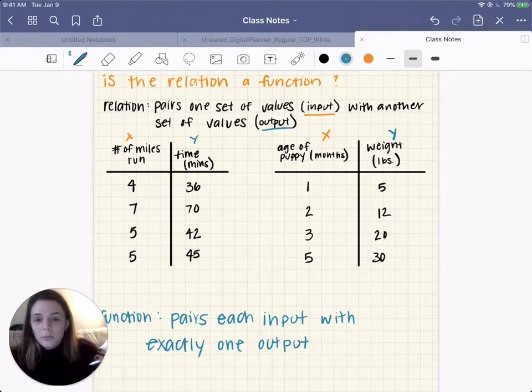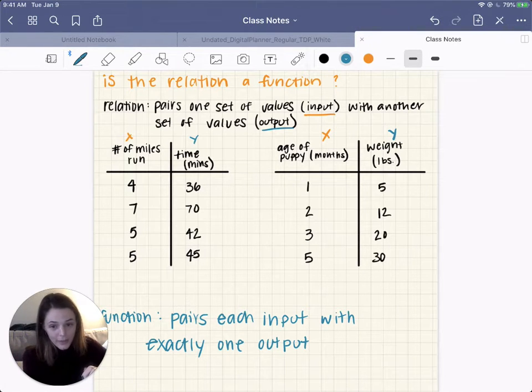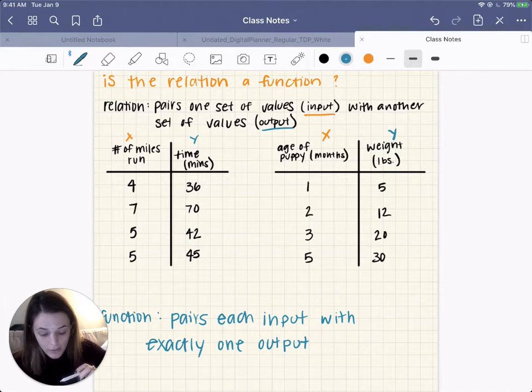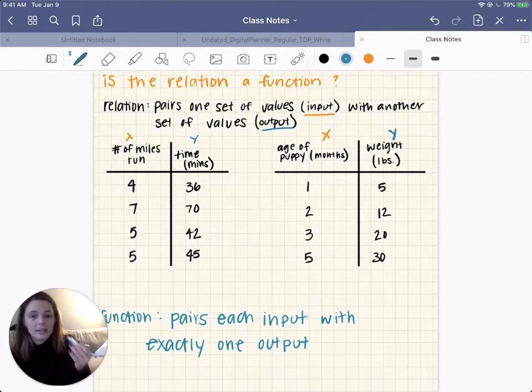So this would be representing one particular dog or puppy. At 1 month, the puppy weighed 5 pounds. At 2 months, 12 pounds. After 3 months, 20 pounds. And after 5 months, 30 pounds. So that's another relation. It relates the age of the dog in months to its weight in pounds.